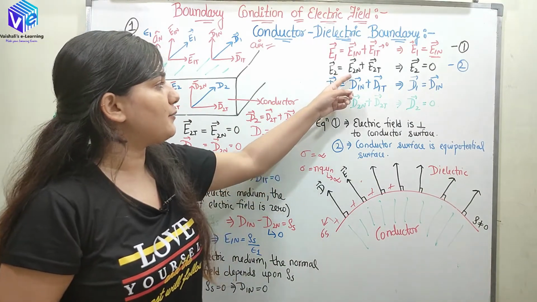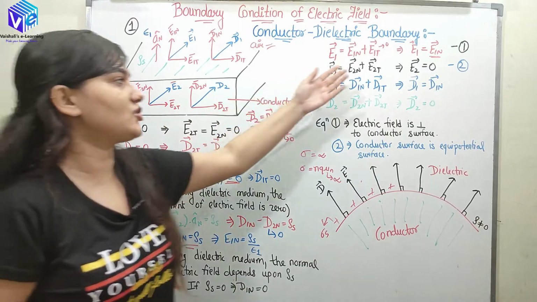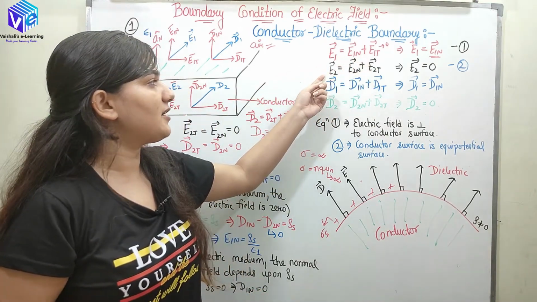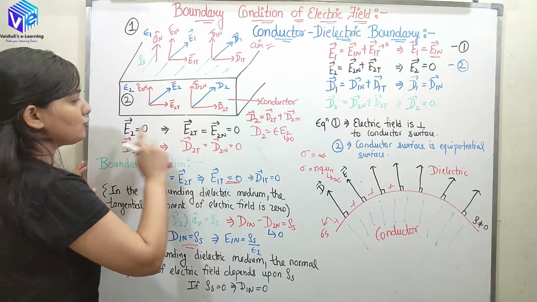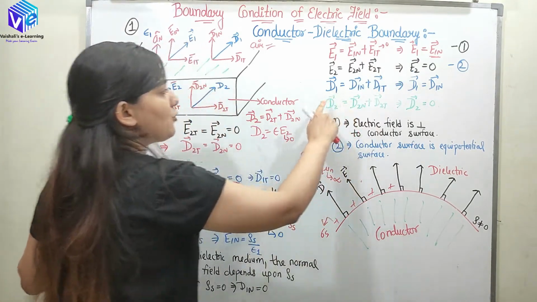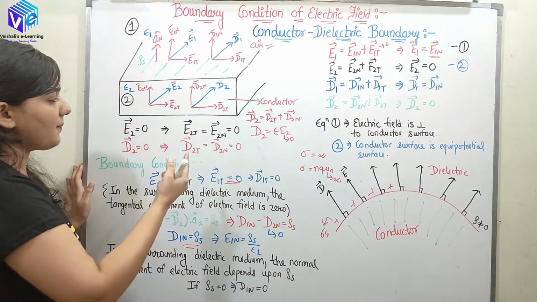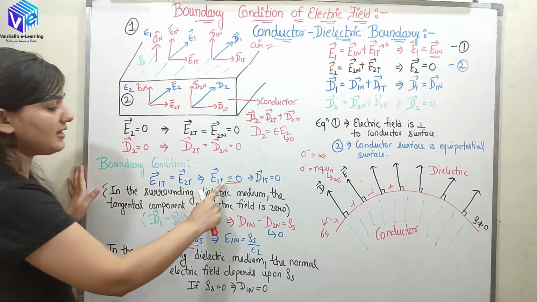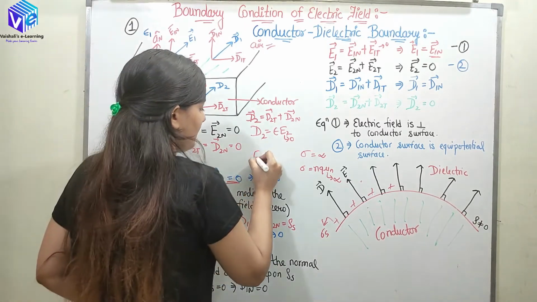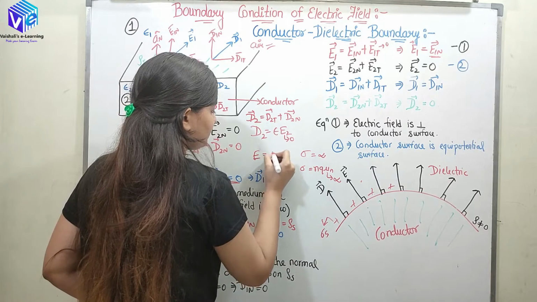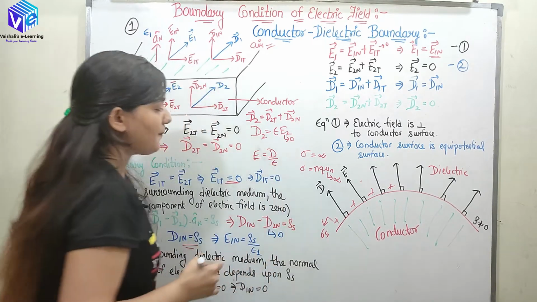So E2 will be equal to E2n plus E2t. The normal component and tangential component combined give me E2. E2n and E2t both are 0, so E2 is 0. If I talk about D1, D1 will be equal to D1n plus D1t. For D1t, E1t is 0, and E is equal to D upon epsilon.